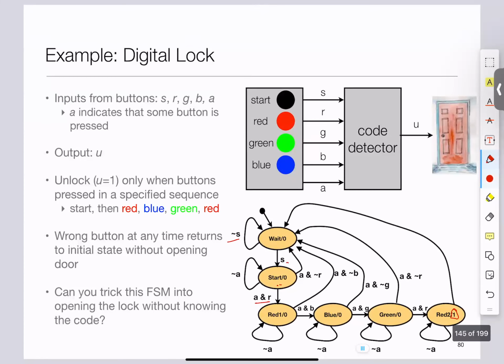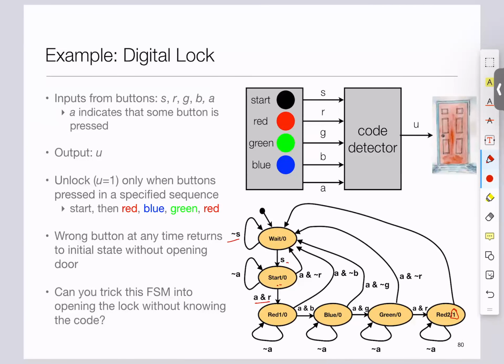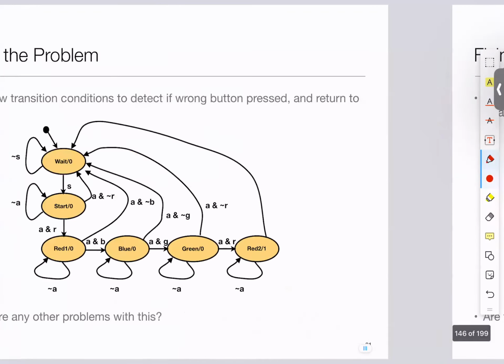So how will we fix this, right? When I'm saying go to the next state when A and R is true, meaning some button is pressed and it's R, I also have to say that some button is pressed and it's not one of the others. Okay, so that's the idea.